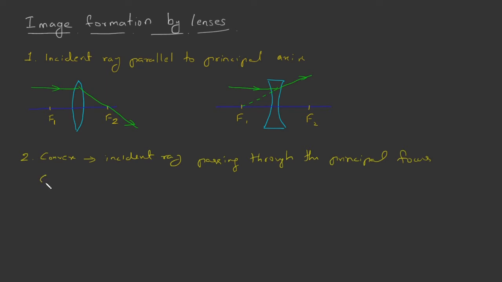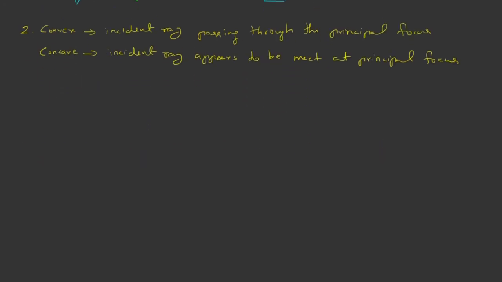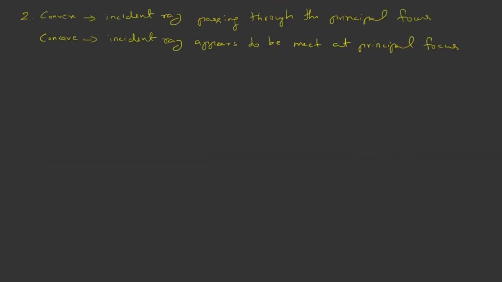For a case of concave lens, the incident ray appears to meet at principal focus. So we are going to draw the figure for understanding it.